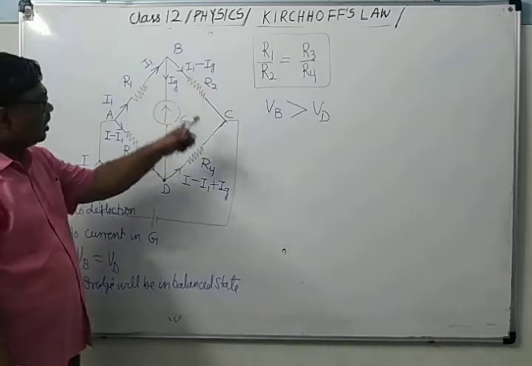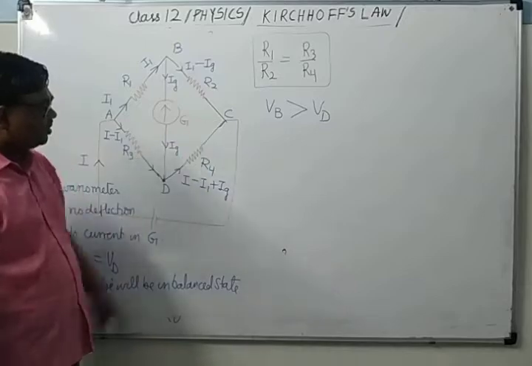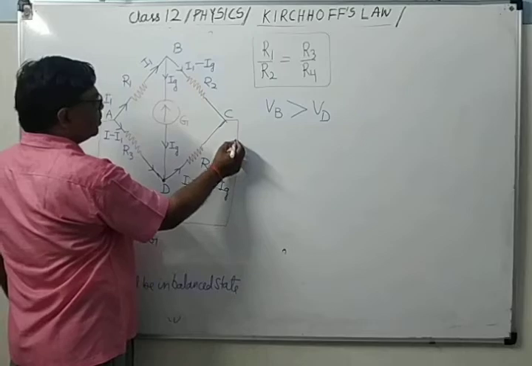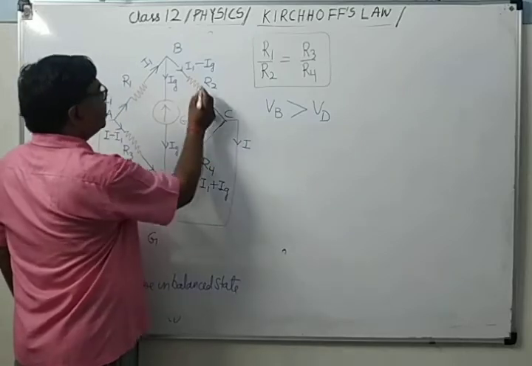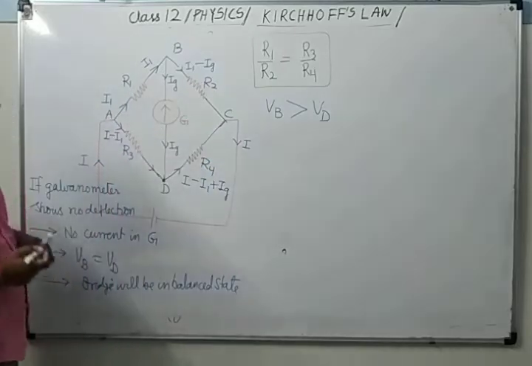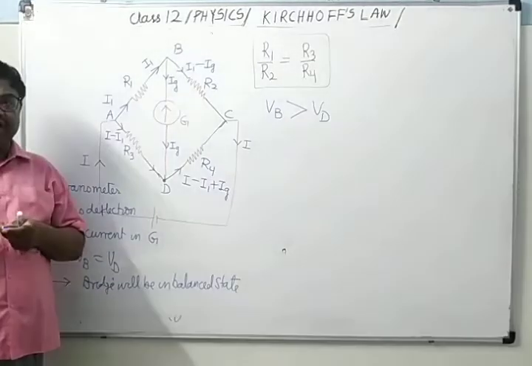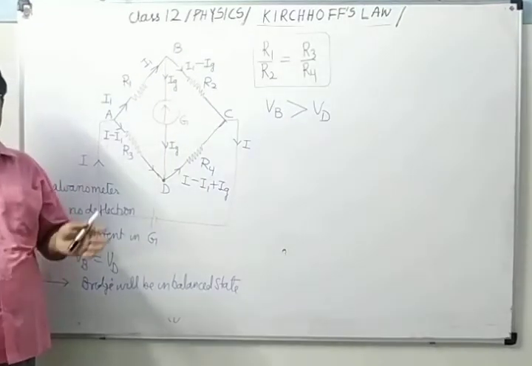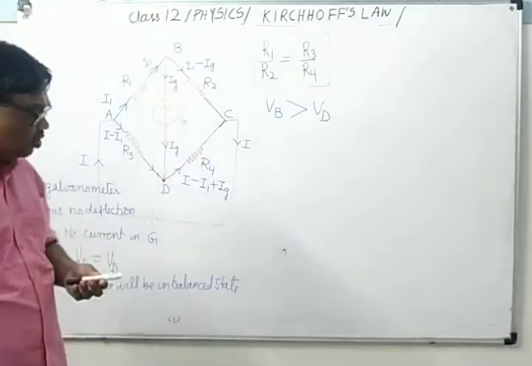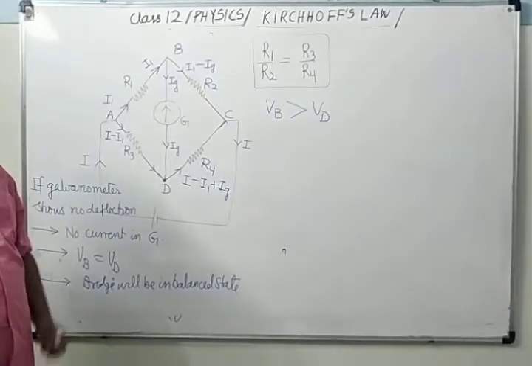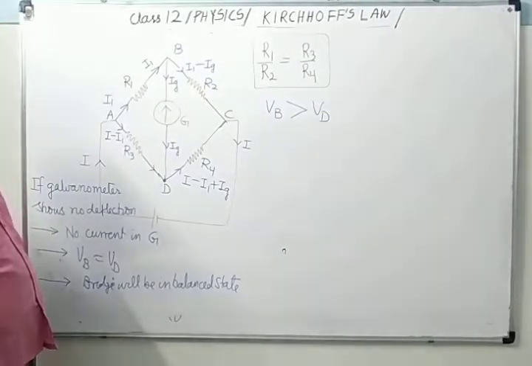When this current and this current meet at C, minus I1 plus I1 cancel, Ig minus Ig cancel, and once again it will become I. It's clear? As we know that a galvanometer is a high resistance instrument, its resistance cannot be neglected. So here we have taken the resistance of the galvanometer as G.